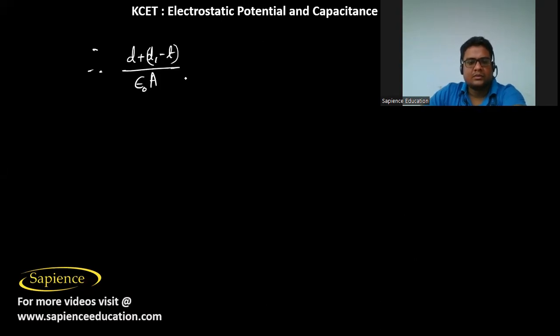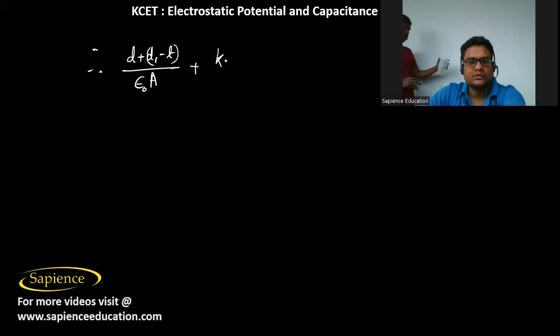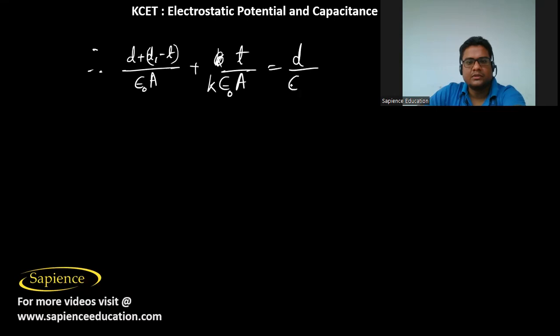So this will be epsilon naught A plus, the dielectric constant has been asked, so K, this will be t by K epsilon naught into A. And that should be equal to d by epsilon naught A.